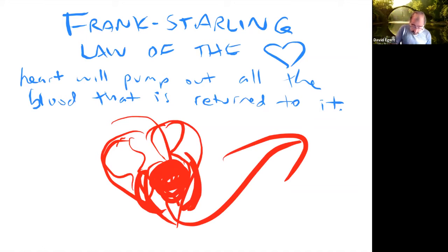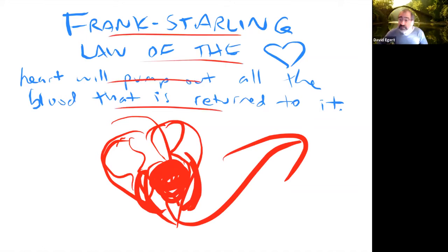So the reason this works just has to do with the intrinsic properties of cardiac muscle. If the cardiac muscle is more stretched out because you filled it more to start with, it's going to squeeze even harder to push that blood out of the heart. So that's the Frank-Starling law of the heart.